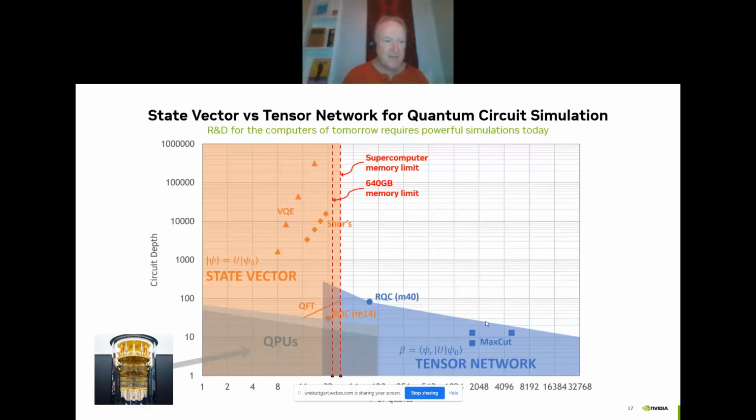So let's give you an idea of the circuit depth versus the memory requirement, and some overlap between these two approaches is kind of where we are today.